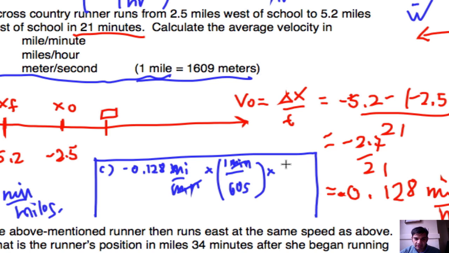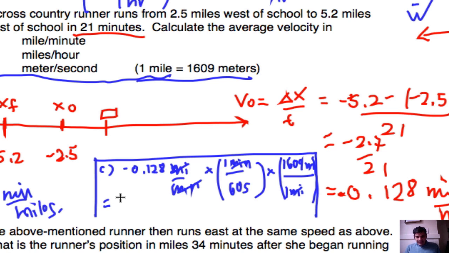And to cancel the miles, 1 mile has 1609 meters. So our miles cancel, and our answer is going to be negative 0.128 times 1609 divided by 60.